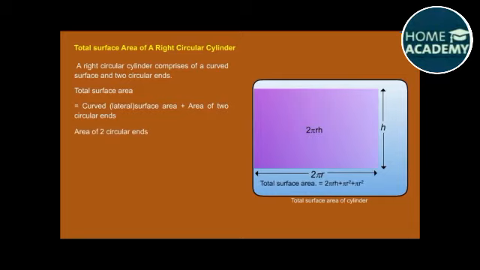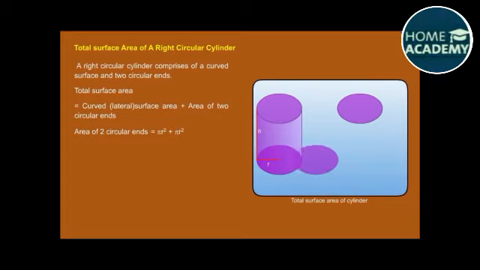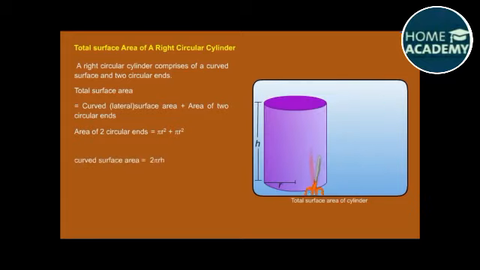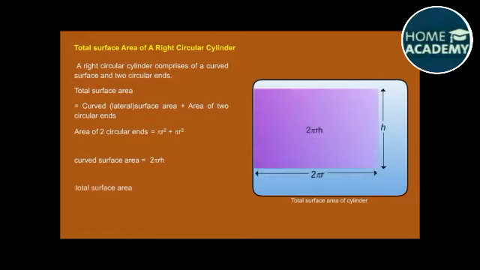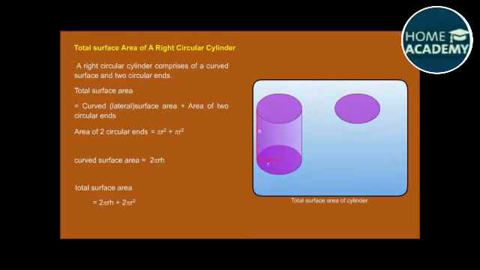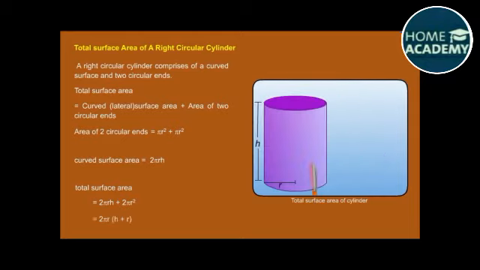Area of two circular ends is equal to pi r square plus pi r square. Curved surface area equals 2 pi r h.